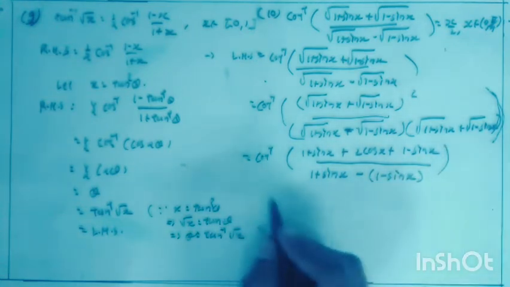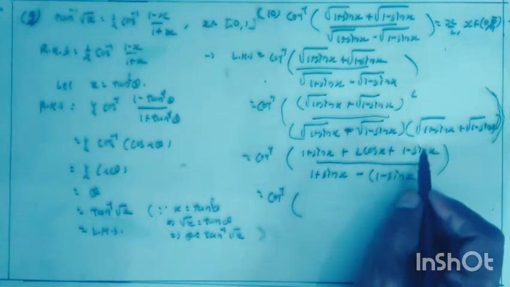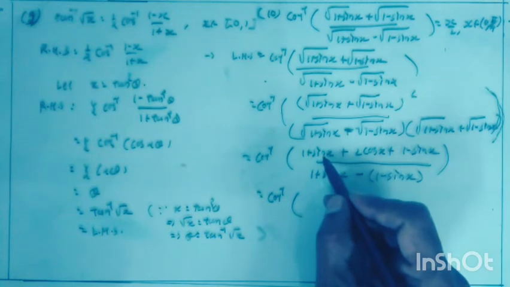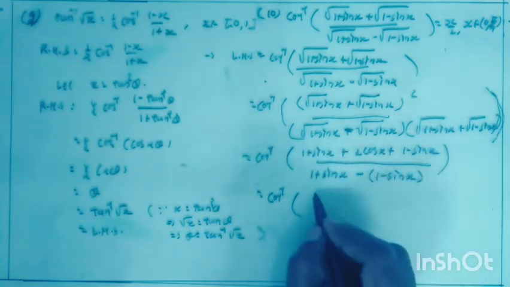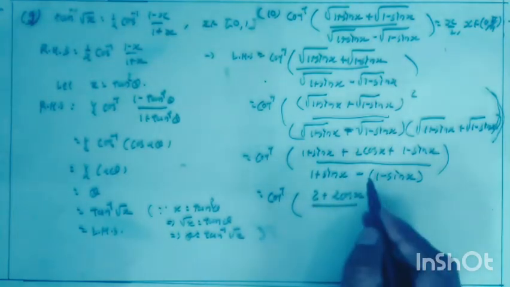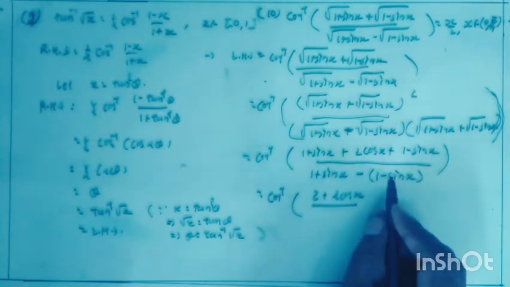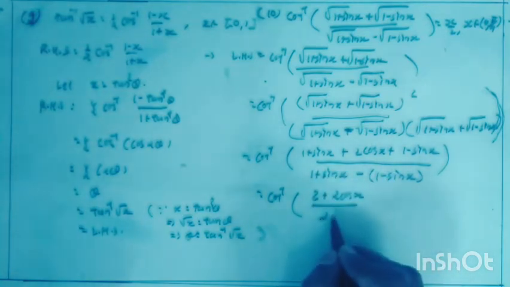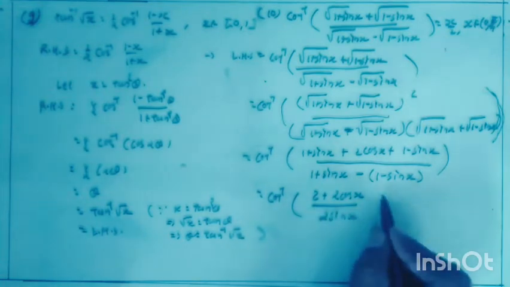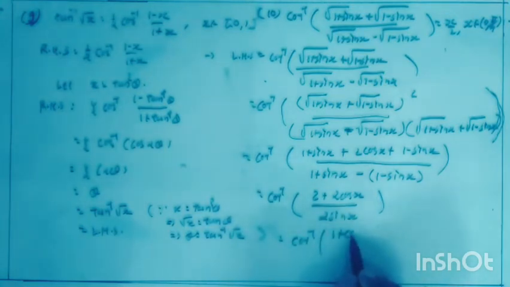So it is equal to cot inverse, here sin x minus sin x cancel, 1 plus 1 become 2, plus 2 cos x upon, minus 1 plus 1 cancel, minus minus plus sin x become 2 sin x. So we get cot inverse, 2 from both numerator and denominator cancel, we get 1 plus cos x upon sin x.